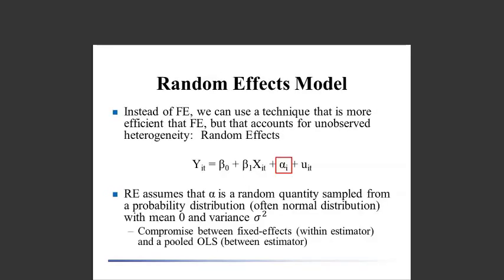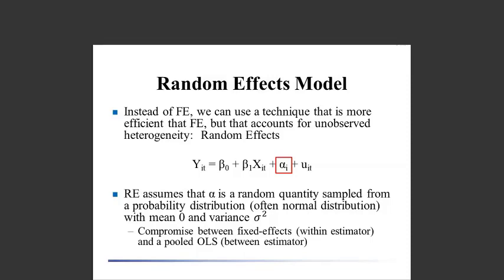So instead, you could use a technique that is more efficient than fixed effects and doesn't eat up so many degrees of freedom, but that, unlike pooled OLS, still accounts for unobserved heterogeneity in our model. With fixed effects, we simply got rid of the alpha term through a within transformation, that is, by time demeaning our data.